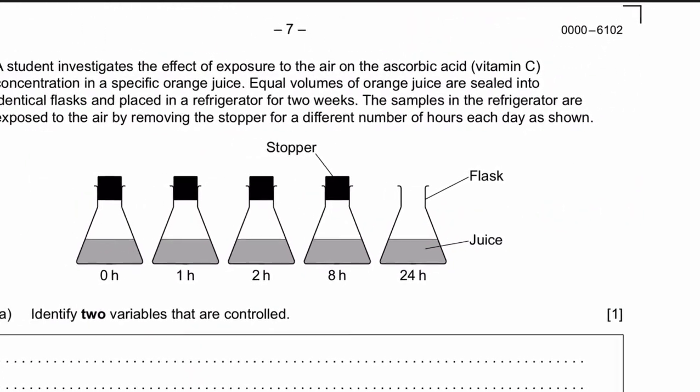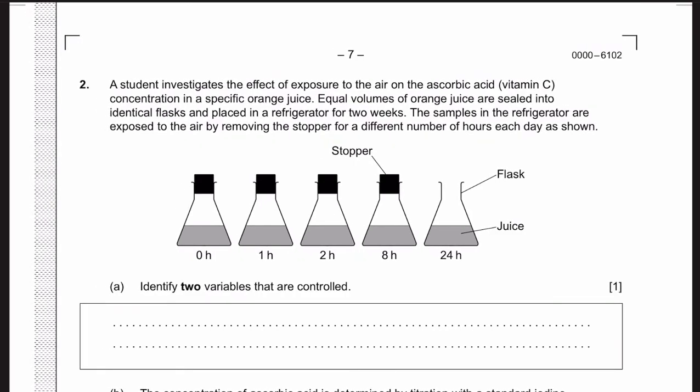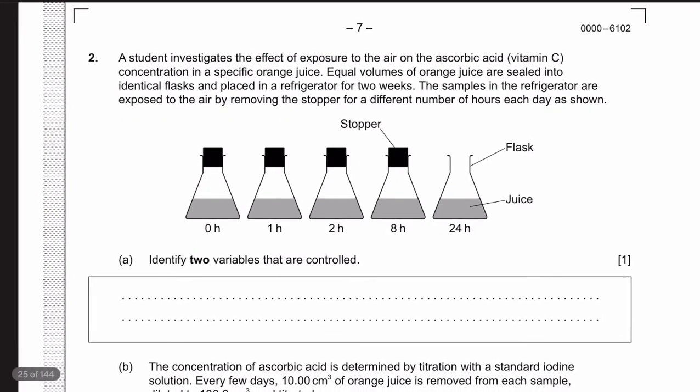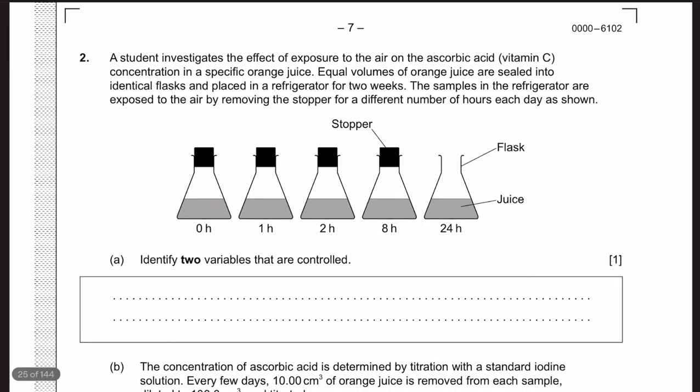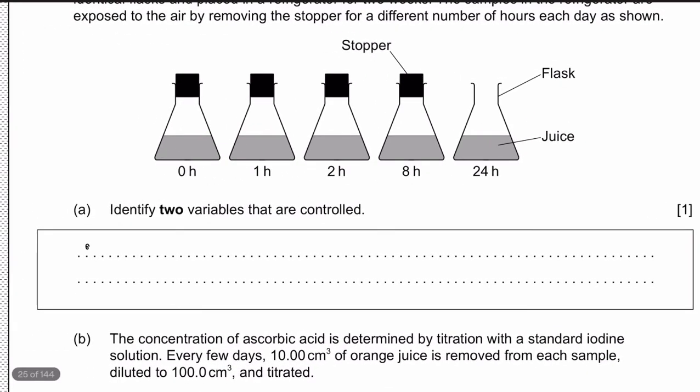A student investigates the effect of exposure to the air on the ascorbic acid concentration in a specific orange juice. Equal volumes of orange juice are sealed into identical flasks and placed in a refrigerator for 2 weeks. The samples in the refrigerator are exposed to the air by removing the stopper for a number of hours in a day. Okay, 2 variables that are controlled. Pretty simple. One variable we can easily say is temperature; it looks like it's going to be controlled.